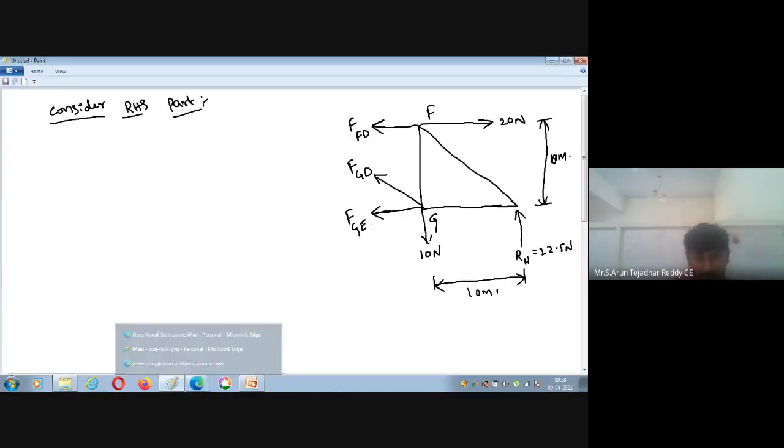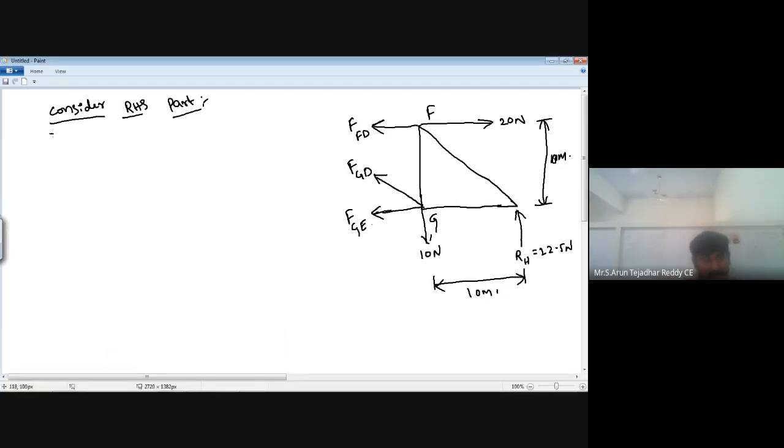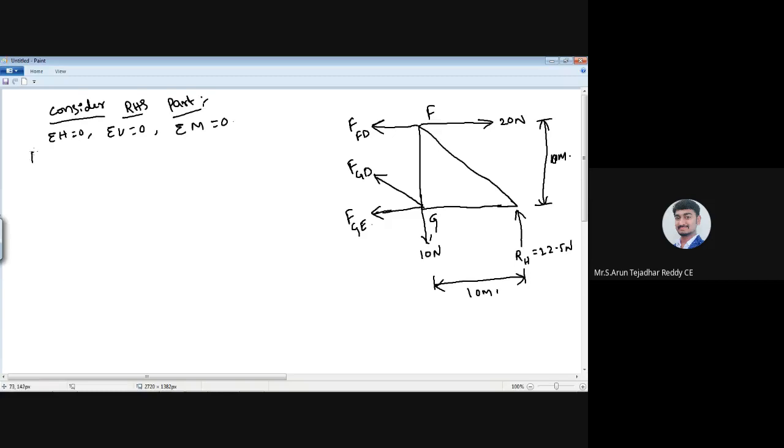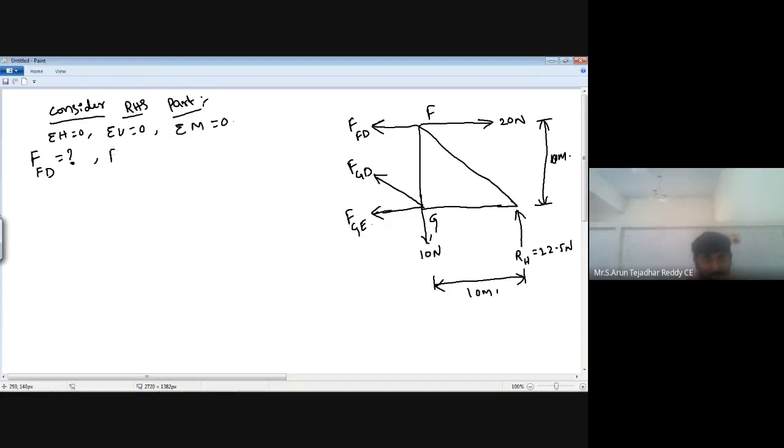That is, horizontal force is equal to 0, vertical force is equal to 0, moment about a point is equal to 0. Here, the other unknowns are already given in the problem, that is FDF member unknown, FGD member unknown, and FGE member, this is also unknown.